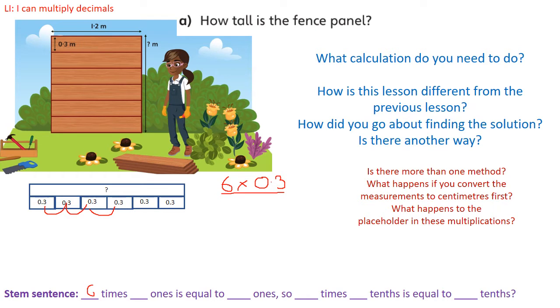Well, 6 times 3 ones is equal to 18 ones. Well done. So 6 times 3 tenths is equal to 18 tenths.